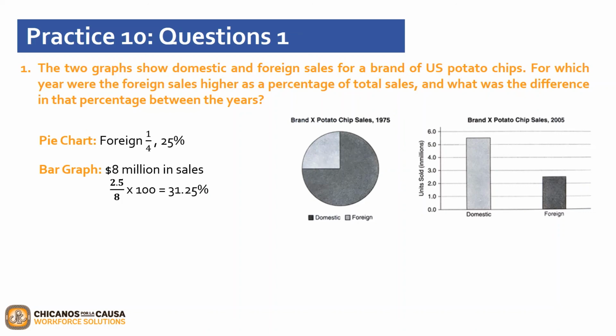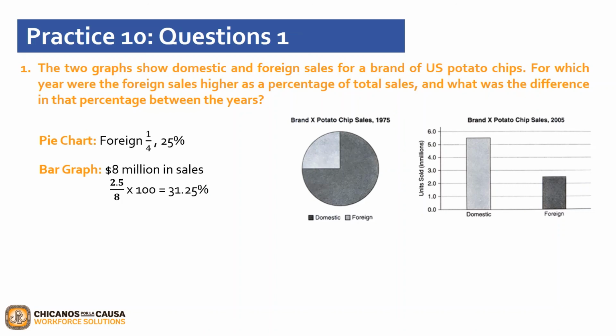But we're really only focused on foreign sales. So we're going to want to find that percentage. We're going to take 2.5 over 8. Remember, this is our sales number. Then we're going to multiply it by 100 in order to get the percentage.